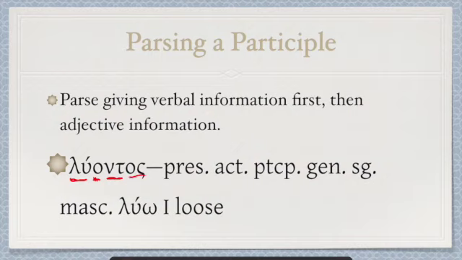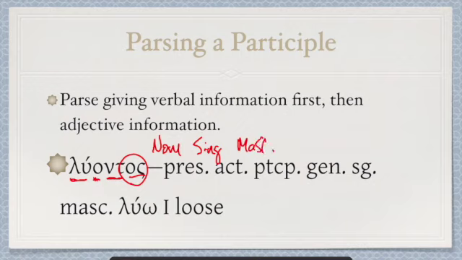So this is going to be a present active participle, so tense, voice, mood. And then case, number, gender, genitive, singular, masculine. Now, just like our third declension nouns, you guys are going to see that omicron ending, and you're going to think, oh, that's like lagos. So that's nominative, singular, masculine.